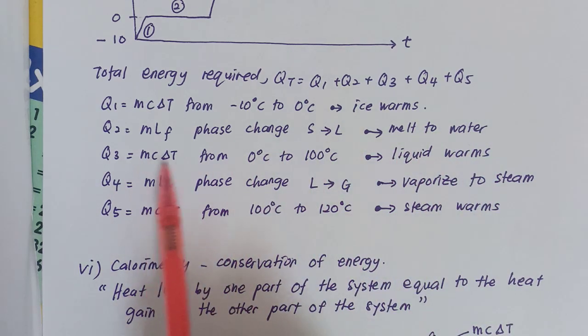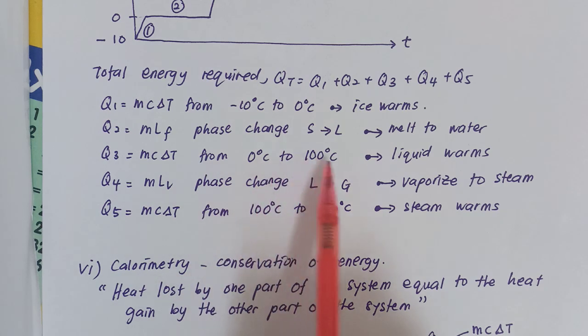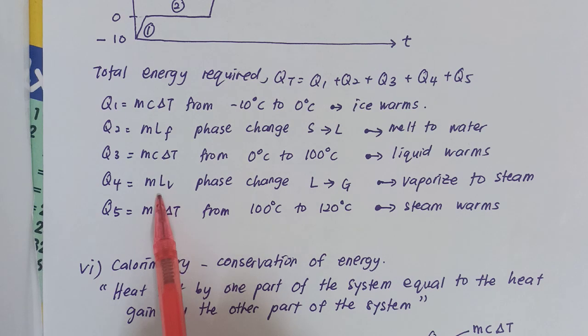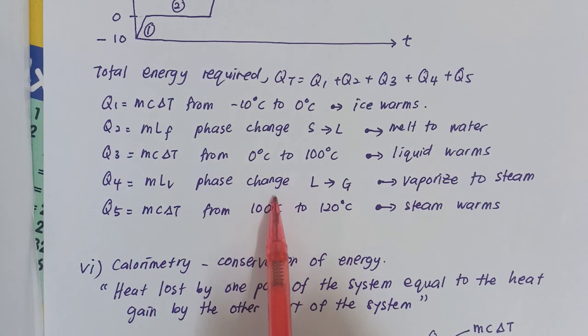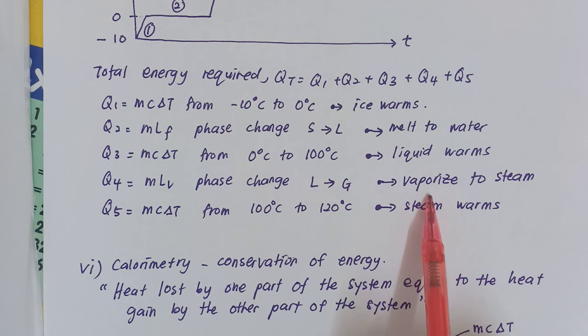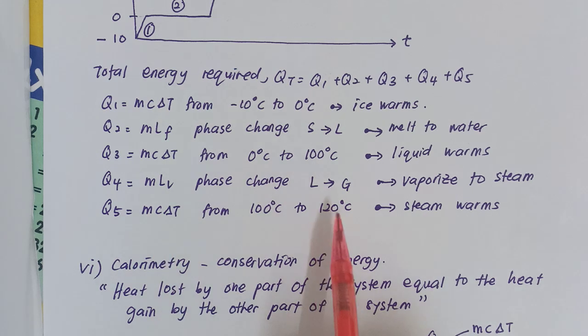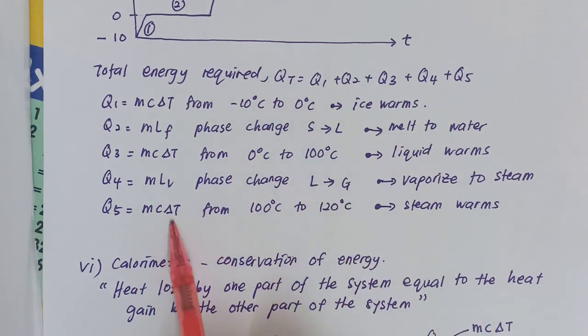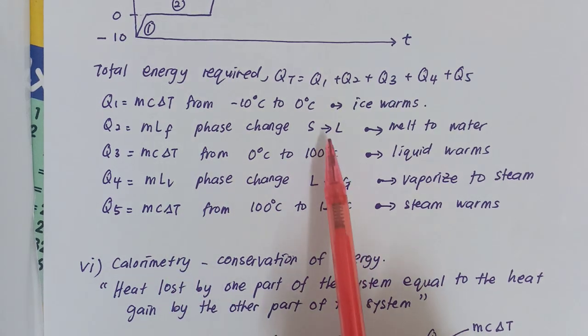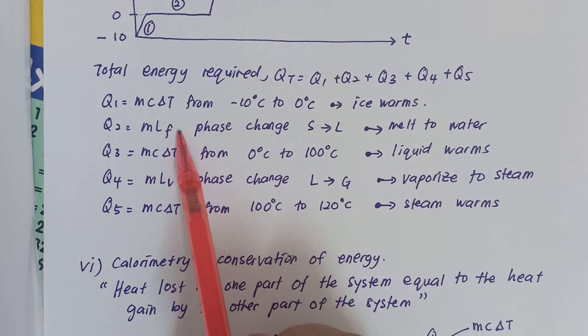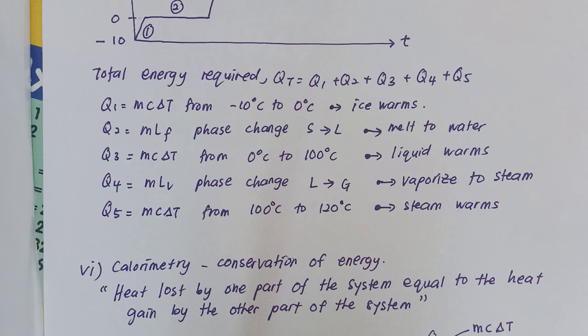Then we have mc delta T from 0 to 100 degrees Celsius as the liquid warms up. Then we have mLv, the phase change from liquid to gas, where it vaporizes to steam. Then for the steam warming to 120, we use mc delta T again. So whenever you have a change in temperature, we use mc delta T, and whenever we have a phase change, we use the latent heat. Be careful here, we have Lf and also Lv.